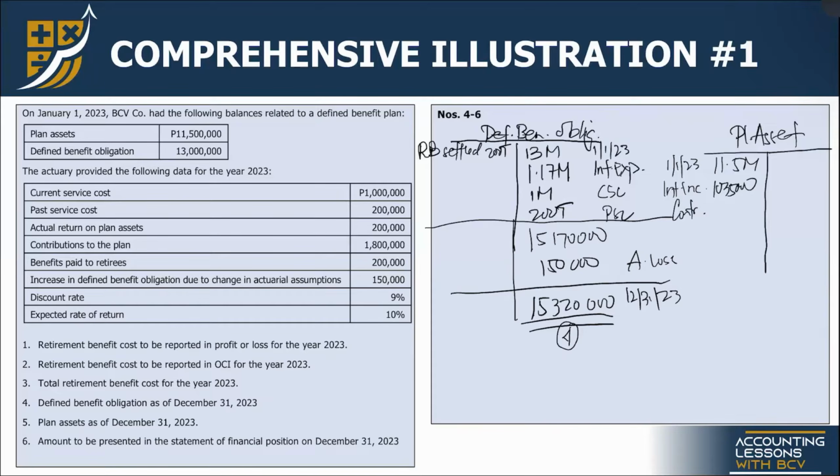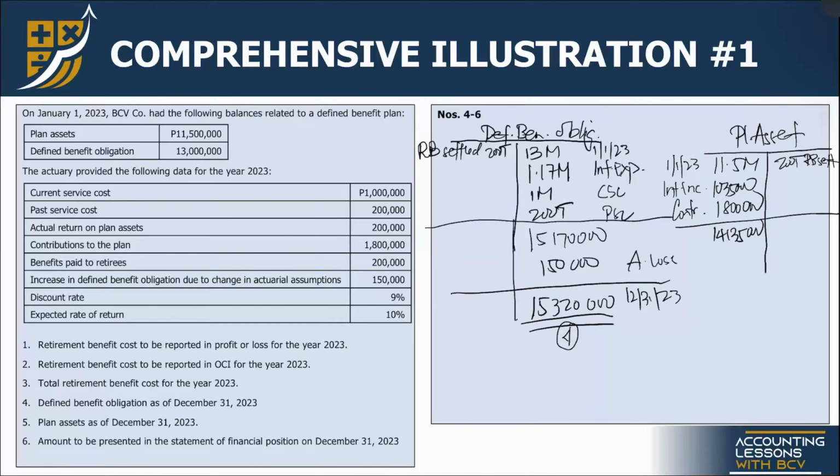That is, magkano yung contributions daw? 1.8 million. Next, benefits paid or retirement benefits settled, no? Lagay natin dito. Magkano ulit? 200,000. Unadjusted balance? That is 14,135,000. Correct?